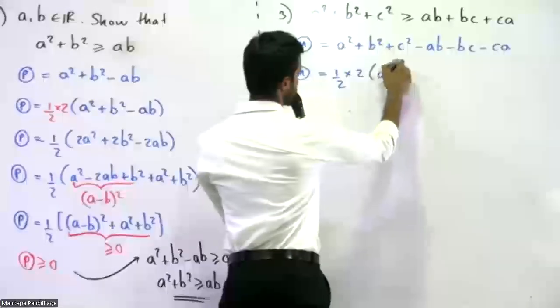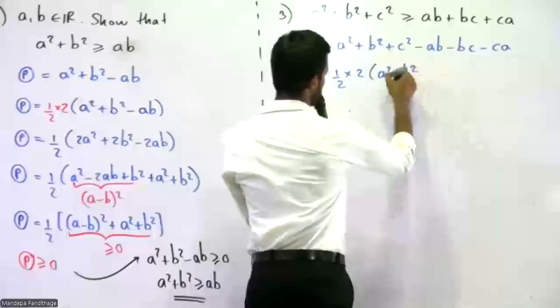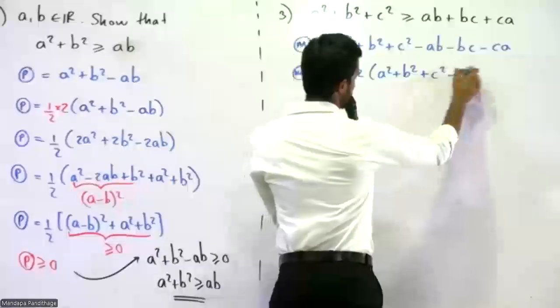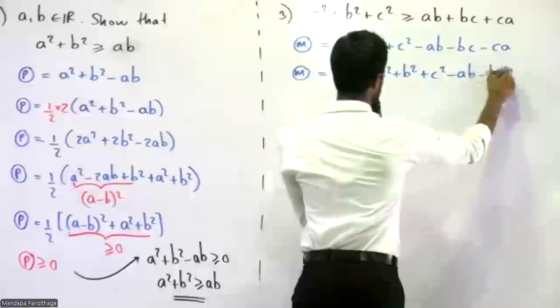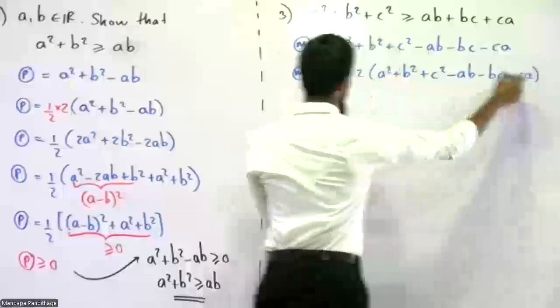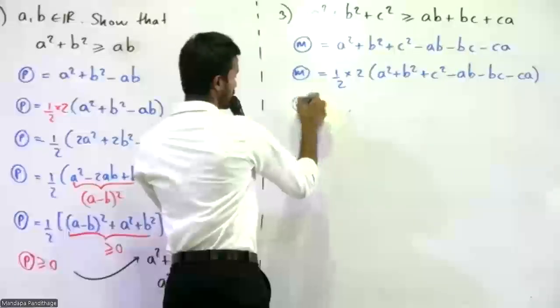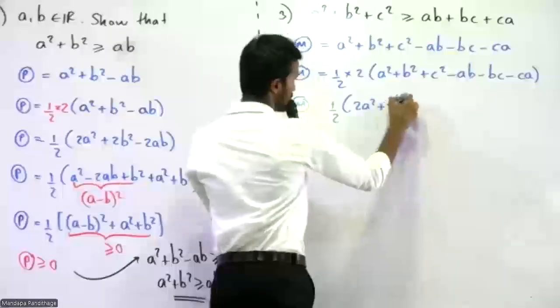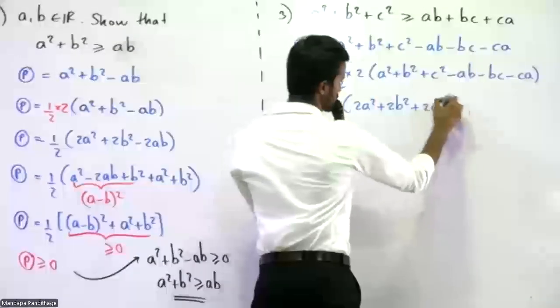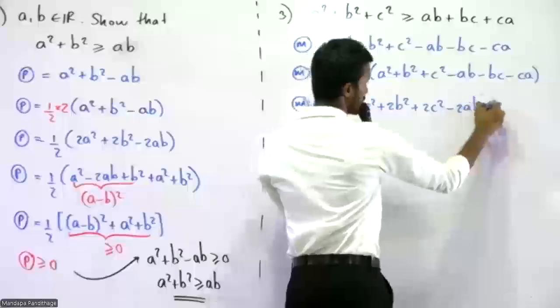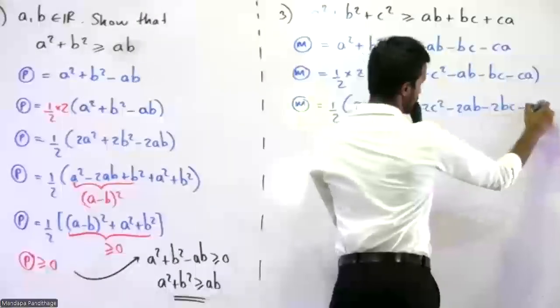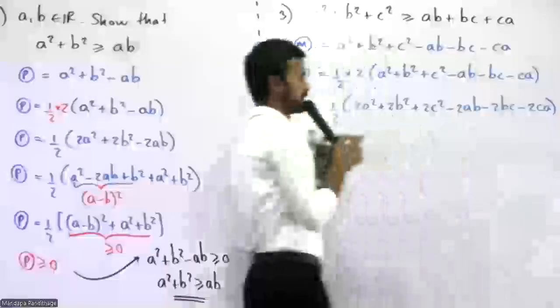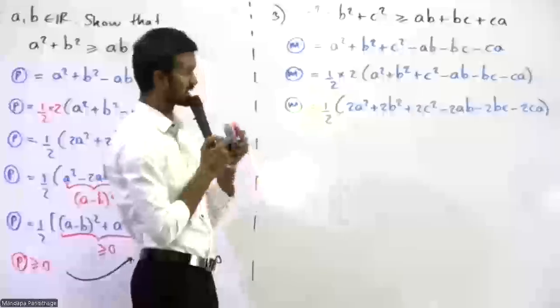So I get a squared plus b squared plus c squared minus ab minus bc minus ca. Then multiply it by 2, you get 2a squared, 2b squared, 2c squared minus 2ab minus 2bc and minus 2ca.